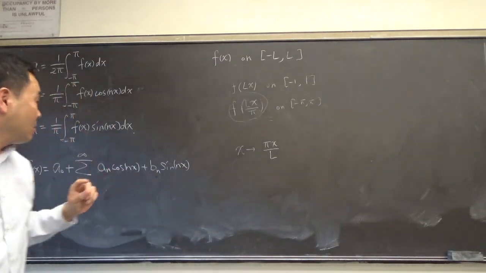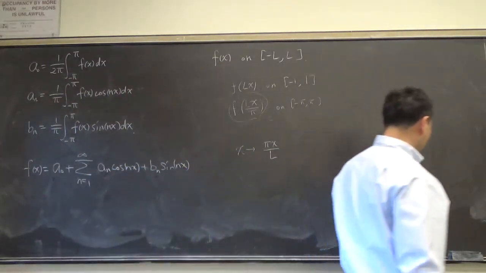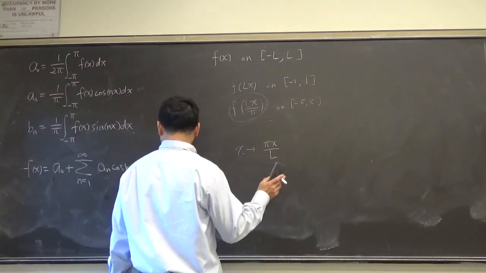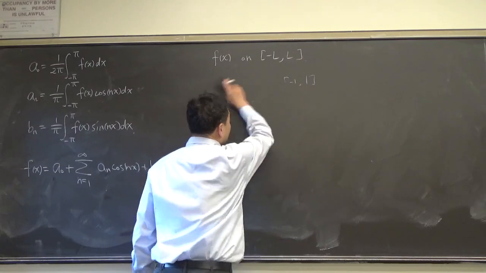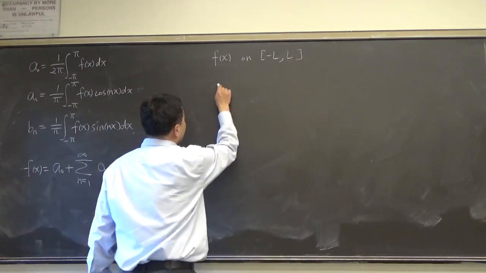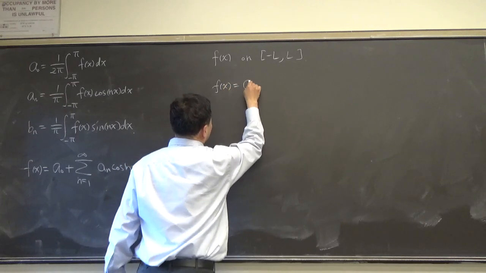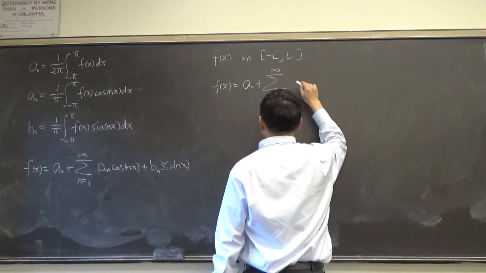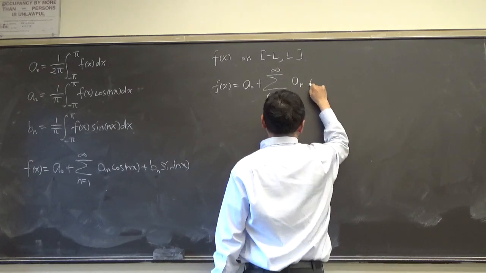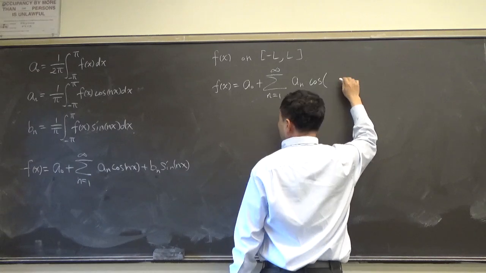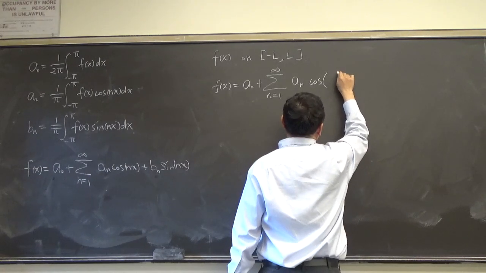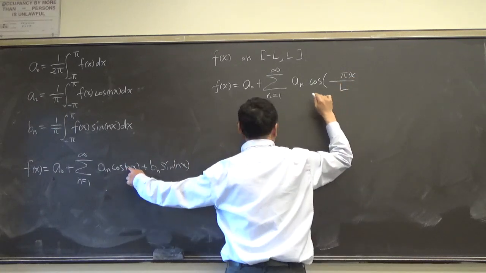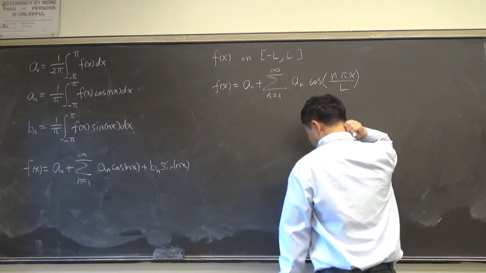And the result would be that the Fourier series will now look like the following, because you're replacing x by pi x over L, and there's an n there, so that n's still there.